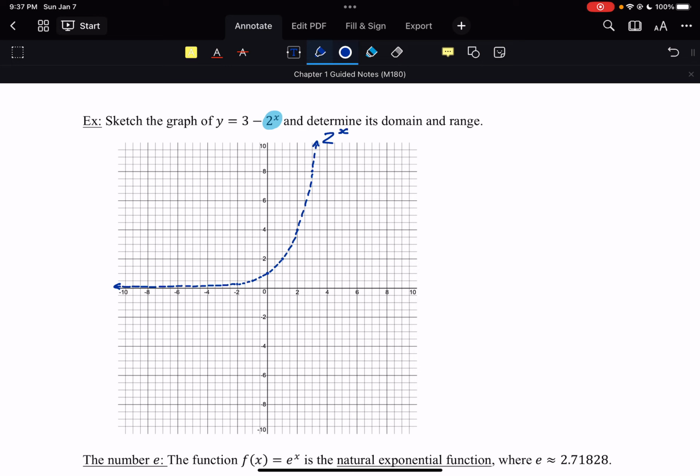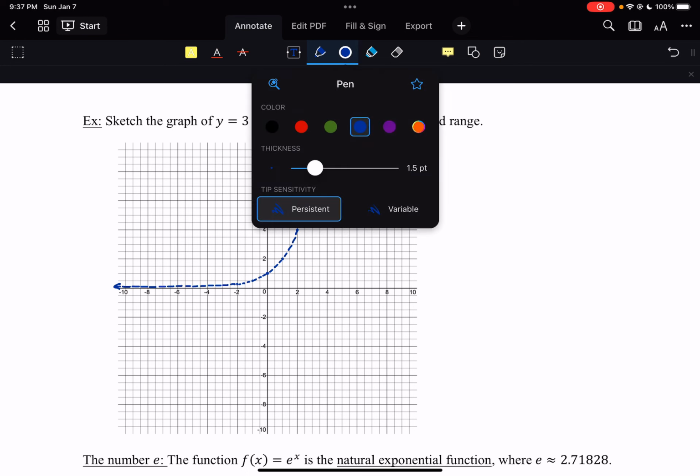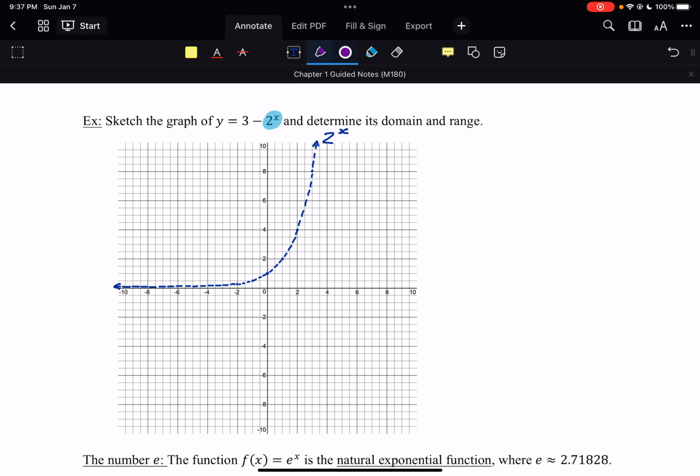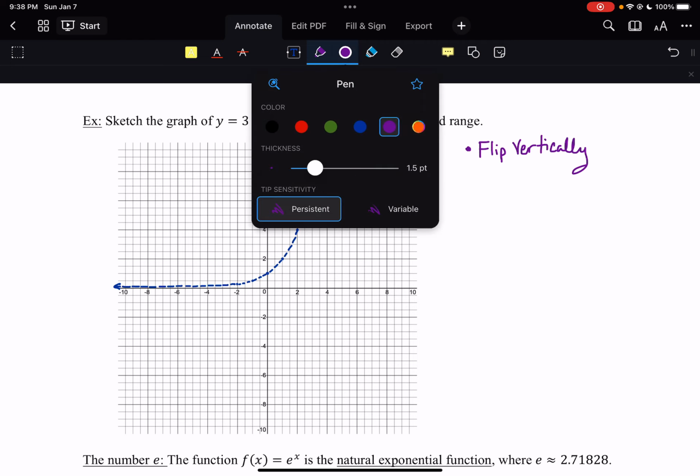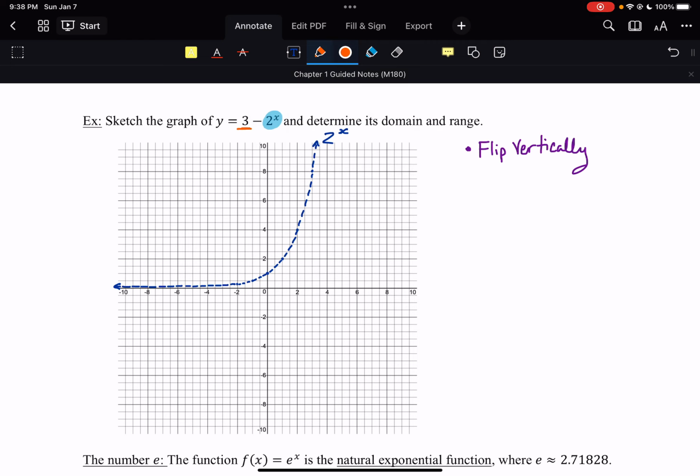Now we need to look at what transformations are being performed on it here. It is being negated. We have a negative out in front of the 2 to the x, so we're going to flip vertically. That's what our minus is going to do. And then we have this 3 out in front.